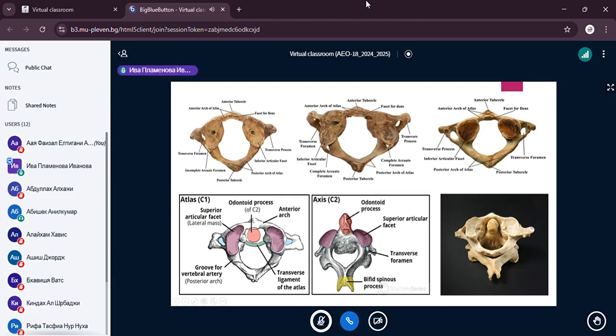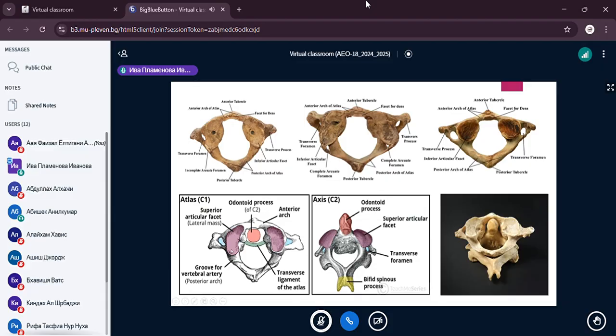So, again, the anterior arch, the posterior arch, anterior tubercle, and the same on the posterior side, posterior tubercle, fovea dentis on the inner surface of the anterior arch, lateral masses, left and right, and of course we have inferior and superior articular surfaces here.